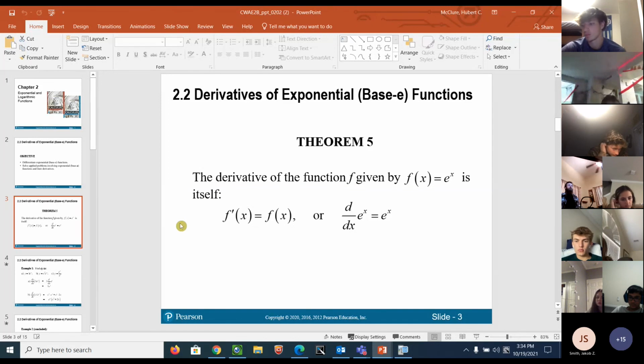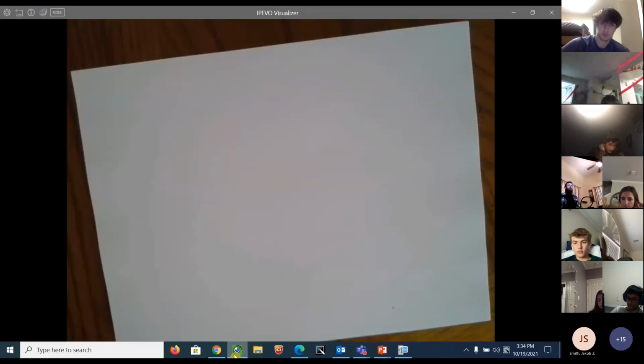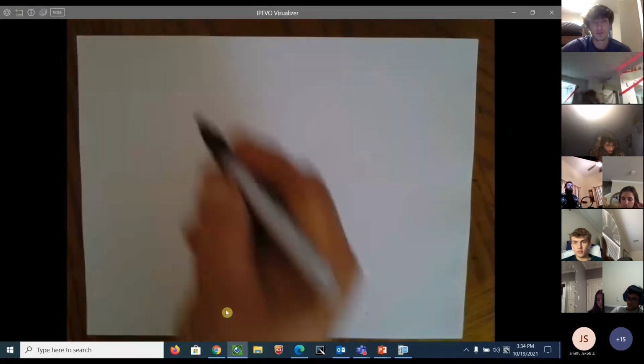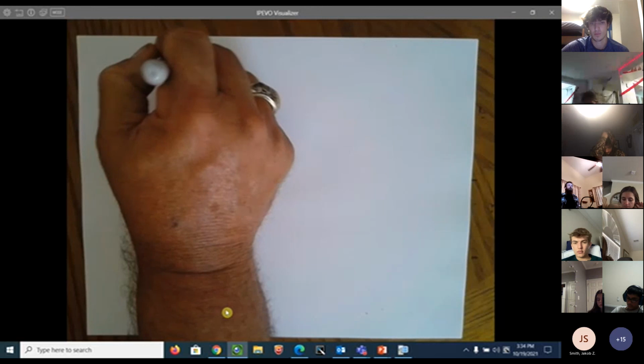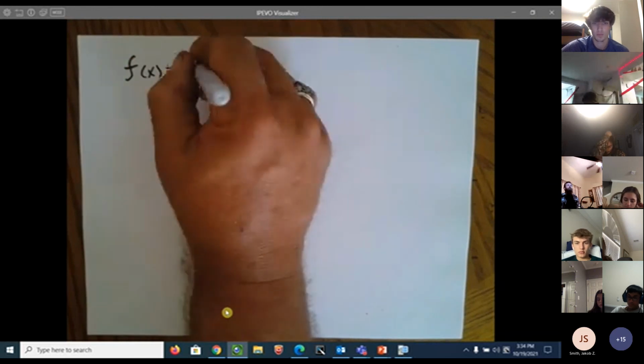And then you get three wrong on the test because you don't really know how to do e to the x. What I tell students is to rewrite it like this. f of x is equal to e to the x, and put parentheses right there, and highlight those parentheses.